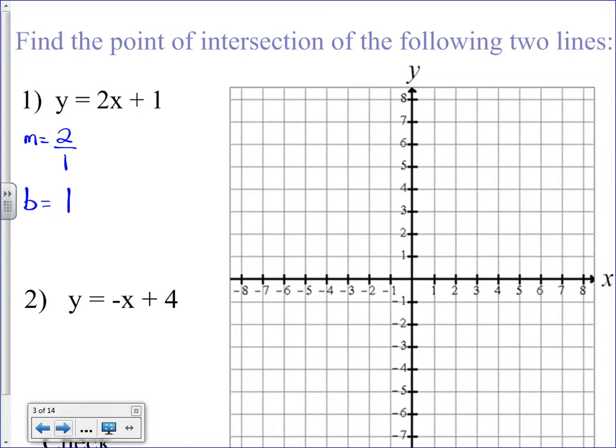Here's 1. Then what? So I rise 2, and I run over 1. Rise 2, run 1. I'm going to do backwards, down 2 over 1.